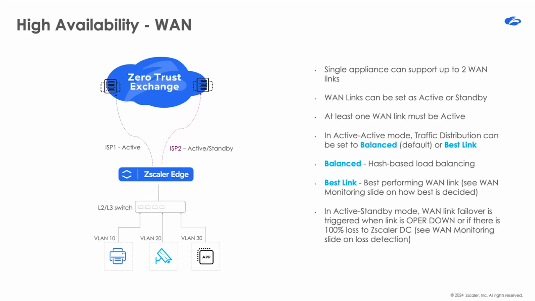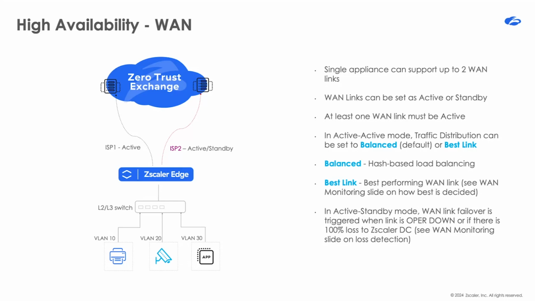So the standard configuration is to have two WANs from two different providers connected to the branch connector, and by default, we will load balance both WAN connections. So both WAN connections will be fully utilized. It is a per session load balancing algorithm, but certainly the customer has the ability to configure and make it a second link as standby instead of active in case it's a metered connection, like a 5G dongle.